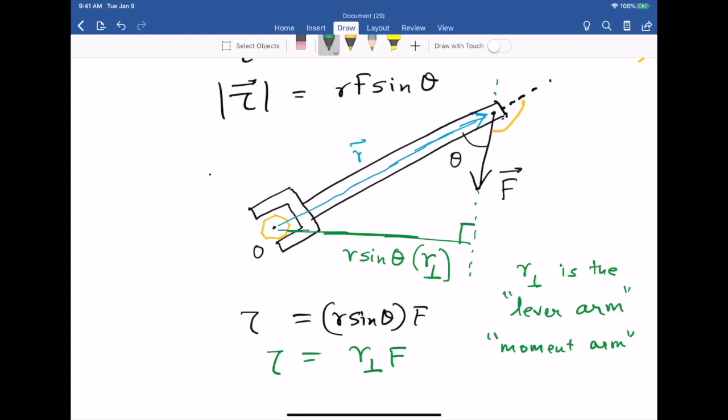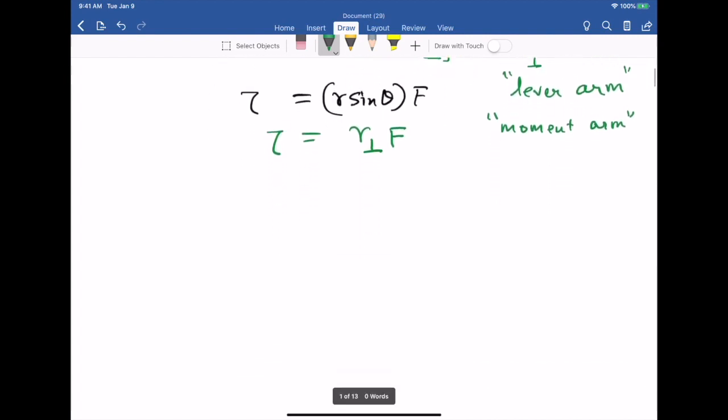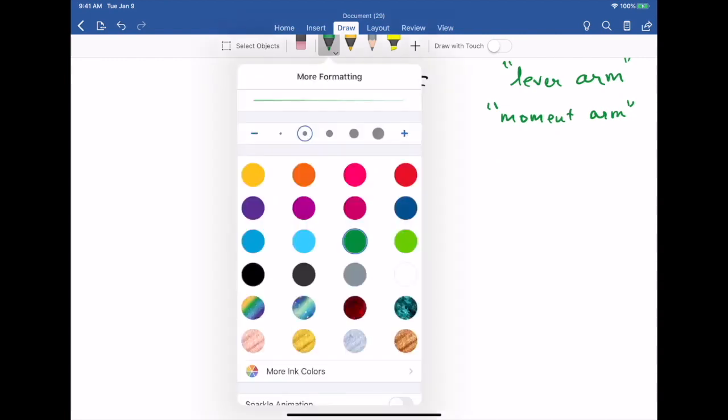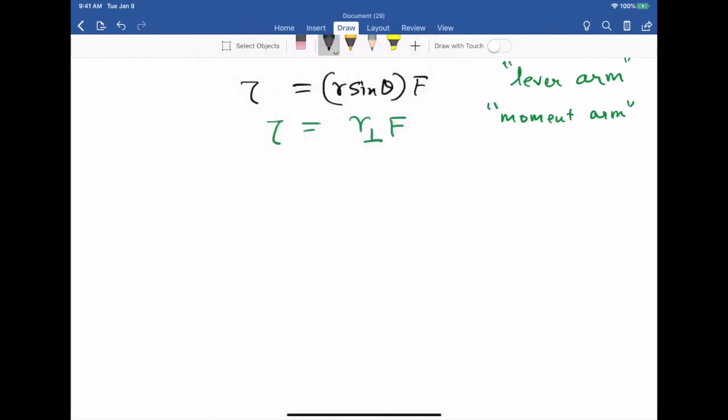Okay, let's just quickly review how to find the lever arm or the moment arm. It should be fairly obvious. It's not complicated at all. So let's take another example. Suppose I have this rod which can freely pivot around this point O. And let's say that I'm applying a force maybe in this direction. That is my force, and I'm applying the force over here.